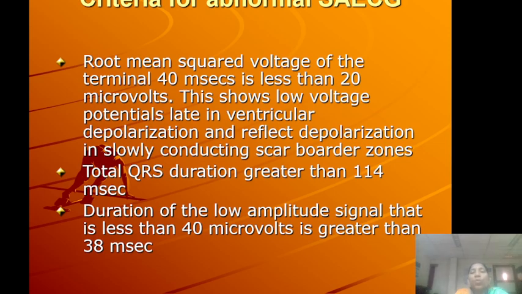This shows low voltage potentials late in ventricular depolarization and reflects the depolarization in slowly conducting scars. The second point is that the total QRS duration should be greater than 114 milliseconds. The third criterion is that the duration of low amplitude signal below 40 microvolts should be greater than 38 milliseconds in duration.